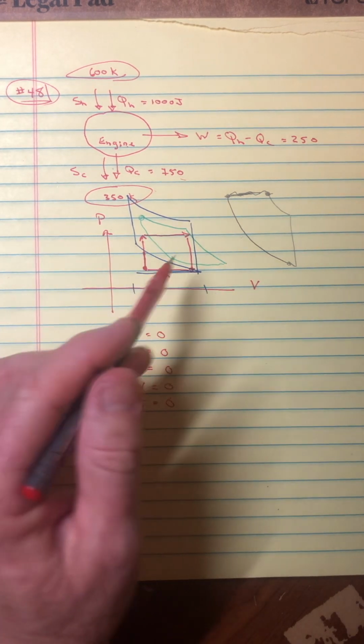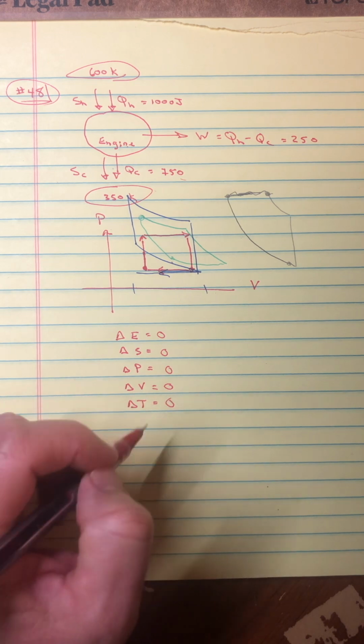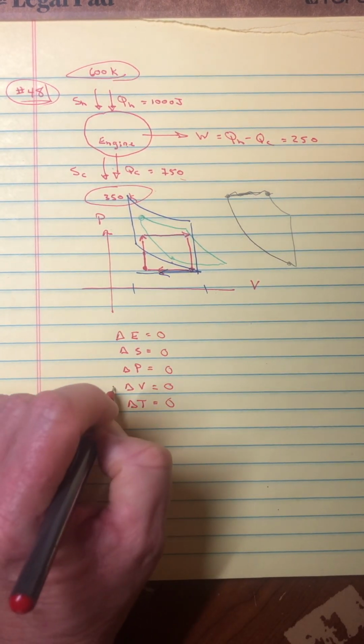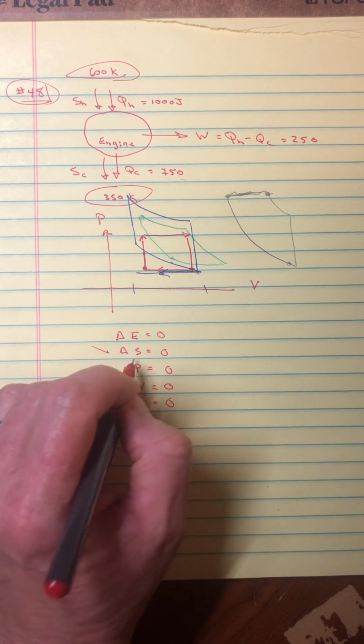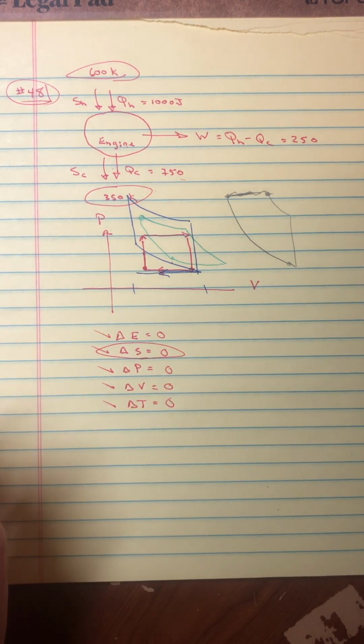So whatever the cycle is of this engine, which is not told, we know that when it gets back to where it started, it has the same temperature, the same volume, or the same pressure. And more importantly, for this case, it has the same entropy. It also has the same internal energy.